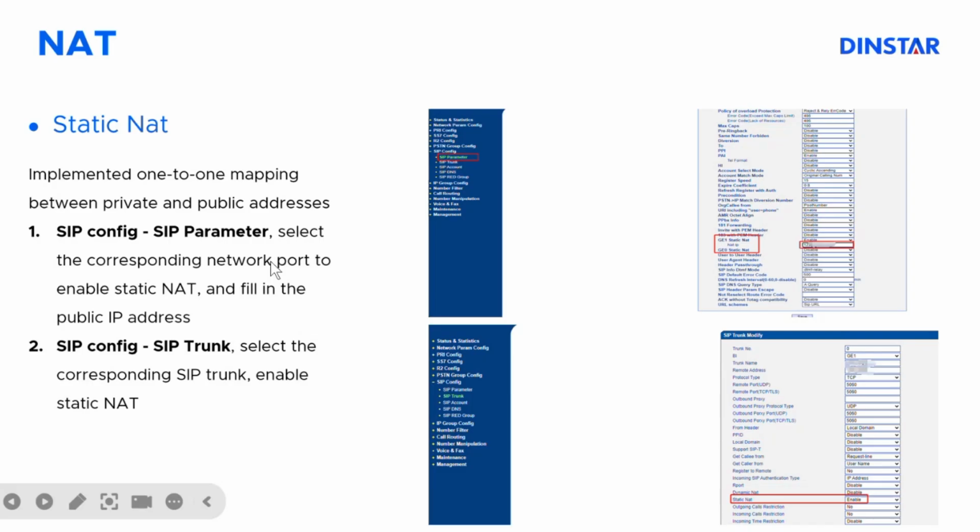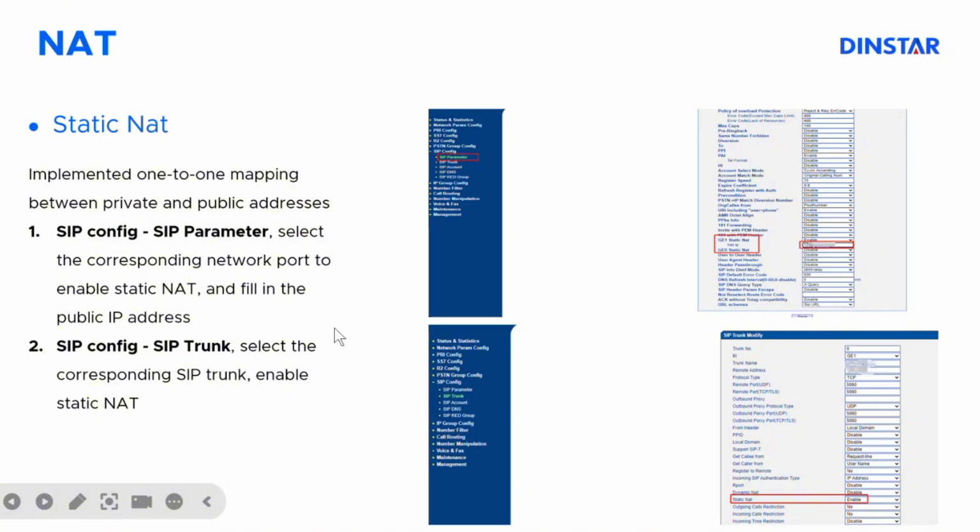Some platforms reply based on the source IP, which is fine, but others may use values from the contact or from headers. We all know it's about the SIP message. But if those contain a private IP, it may lead to call failures. So all in all, static NAT helps improve compatibility with different server behaviors.